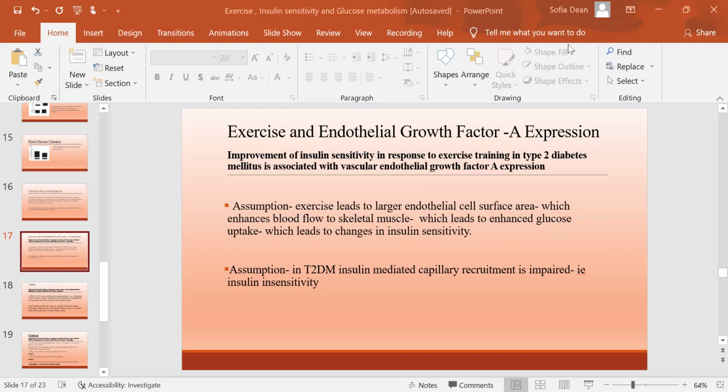The assumptions were that exercise leads to larger endothelial cell surface area, which enhances blood flow to skeletal muscles, which leads to enhanced glucose uptake, which then leads to changes in insulin sensitivity. The second assumption is that in type 2 diabetic patients, insulin-mediated capillary recruitment is impaired, also known as insulin insensitivity.